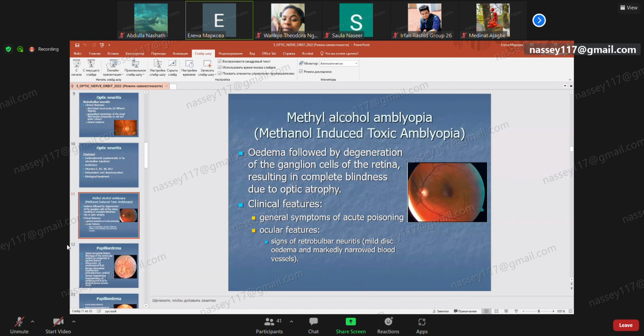Clinical features include symptoms of acute poisoning and ocular features, which include signs of retrobulbar neuritis with mild disc edema and markedly narrowed blood vessels, like here. So it's typical methyl alcohol amblyopia.